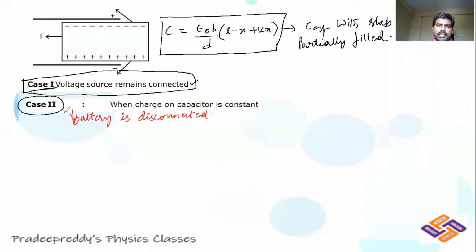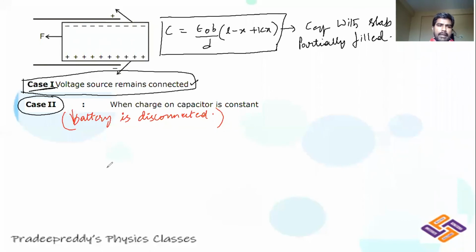So the charge on the capacitor will be constant if you disconnect the battery of a charged capacitor and then place a dielectric slab in between its plates. Now you want to find out the force acting upon that dielectric slab when the battery is disconnected.